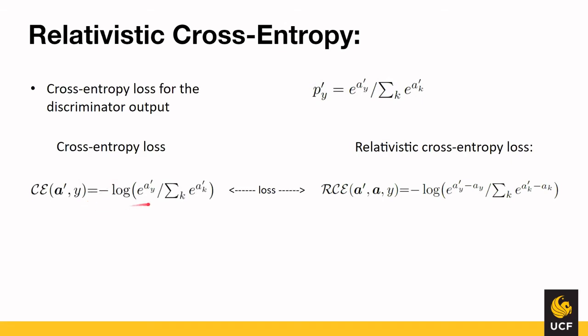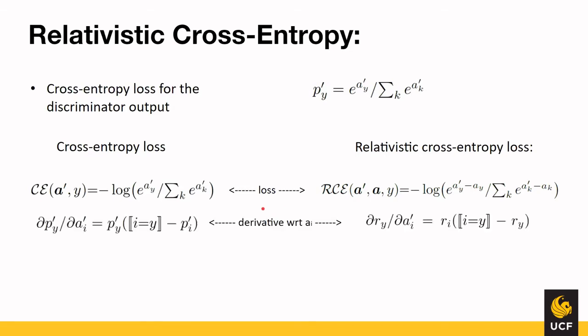If we define our losses such as this, the relativistic cross-entropy will be the perturbed image minus the clean image, since we're trying to maximize this gap. So the partial derivative of P of y with respect to A of I will be given as this. This basically means whenever I is equal to y, this is 1. When I is not equal to y, it is 0. And this becomes minus P of i into P of y.